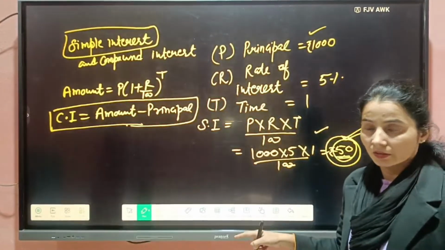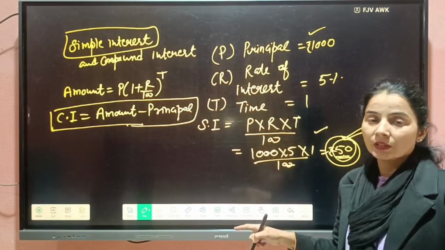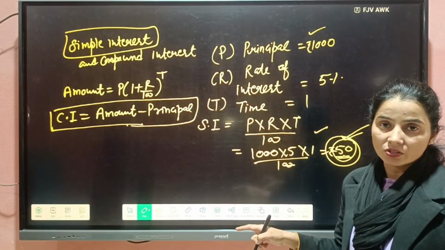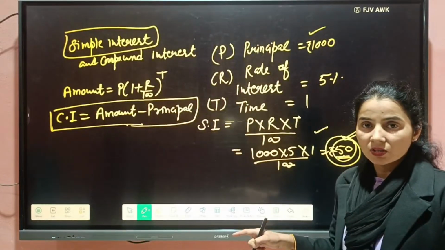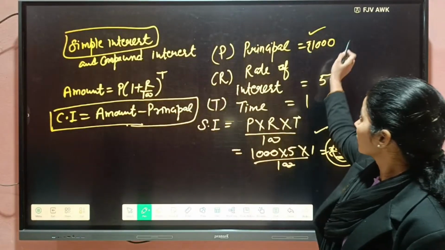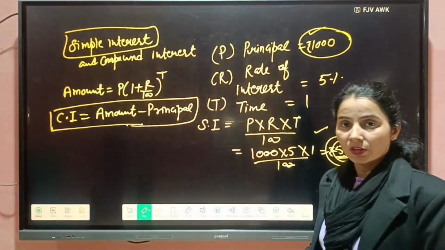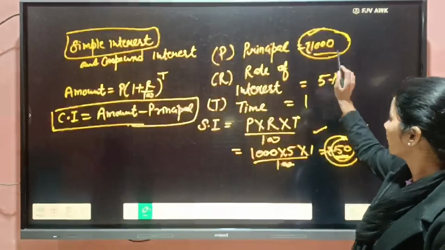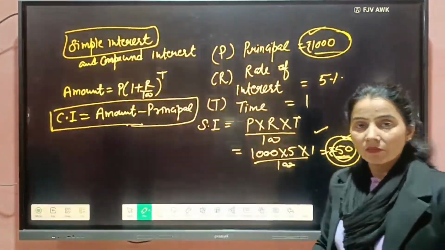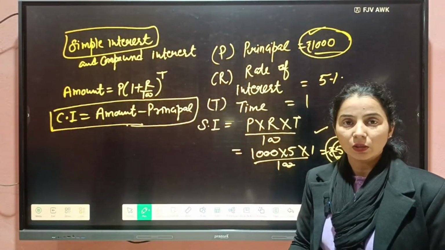Now for the next year you will get a new principal, and on that you will get interest. That is compound interest. And in simple interest, every time you get interest on your first deposit. Suppose you deposited 1000 rupees, so every year you will get interest on 1000 rupees.